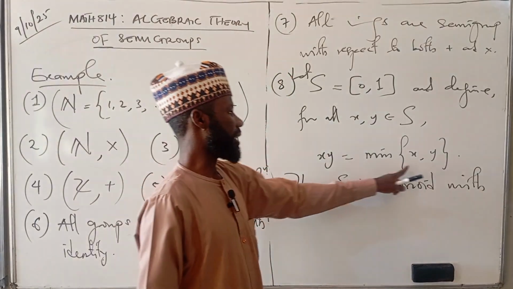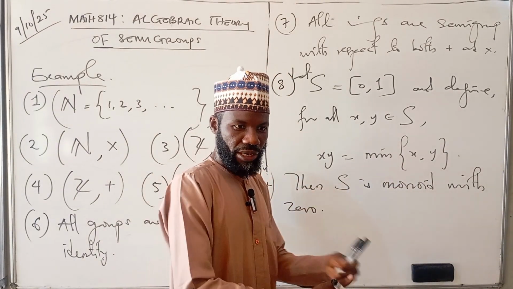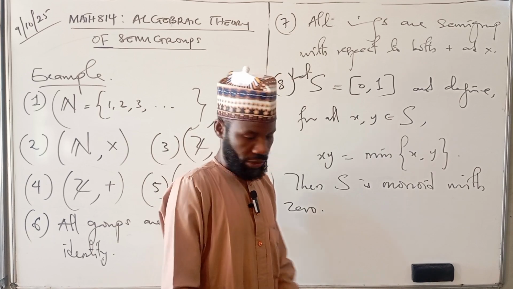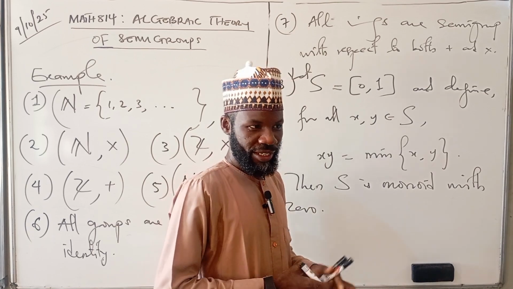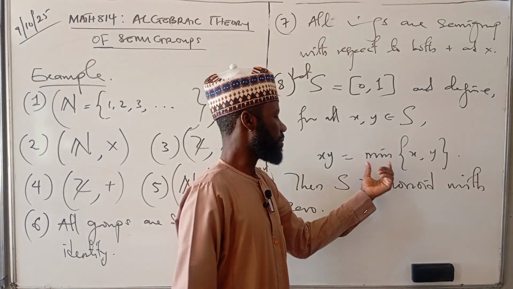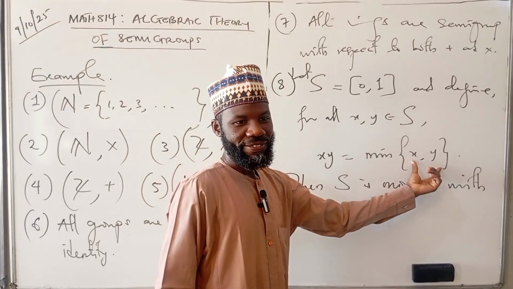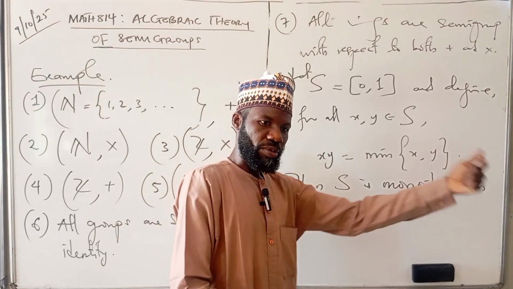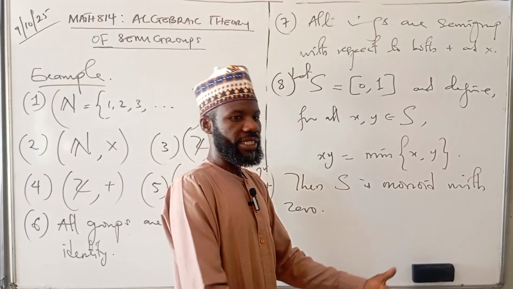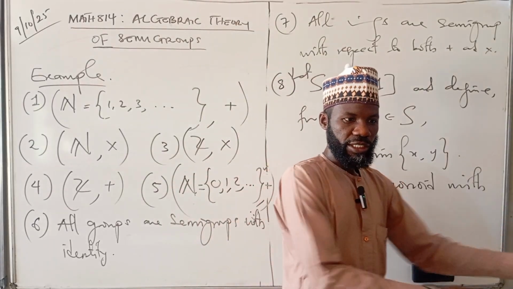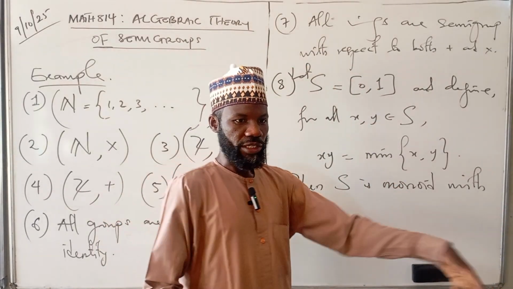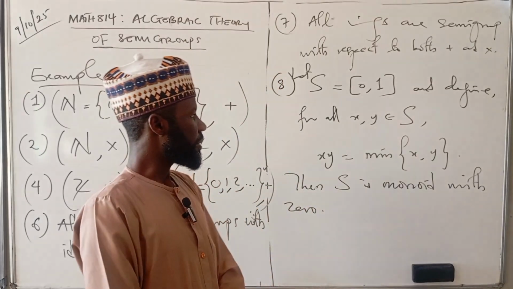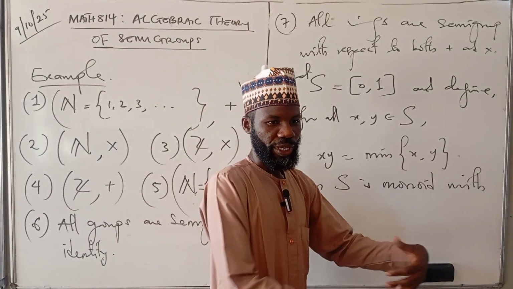In fact, you can easily check that this operation, taking minimum, is an associative binary operation. Because if you take the minimum of x and y, and later on take the minimum of the resulting minimum with z, it is the same thing as taking the minimum between y and z, and then taking the minimum of whatever the result is with x. So if you are taking minimum, you don't have to put order.